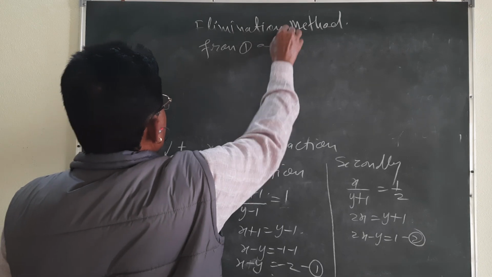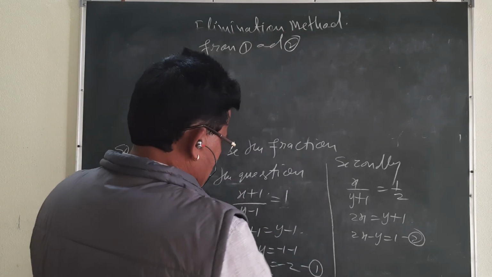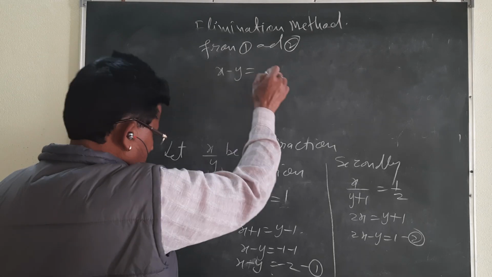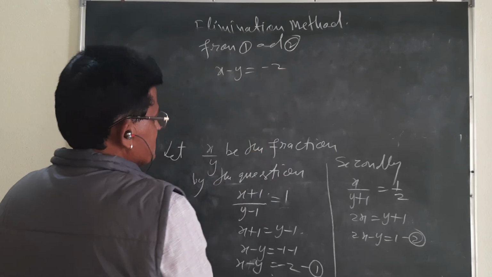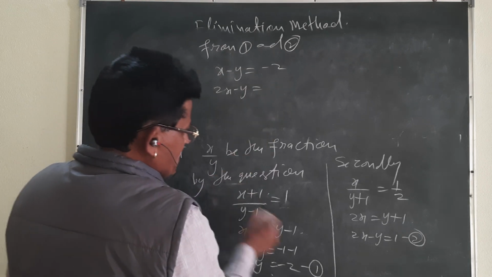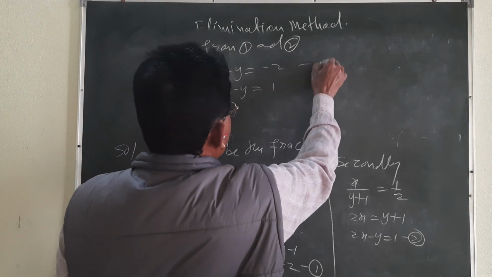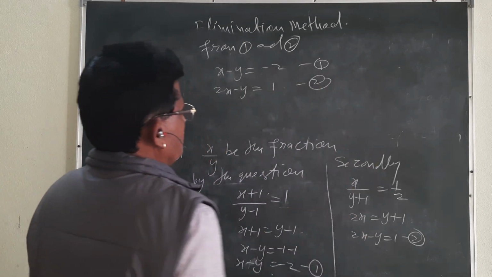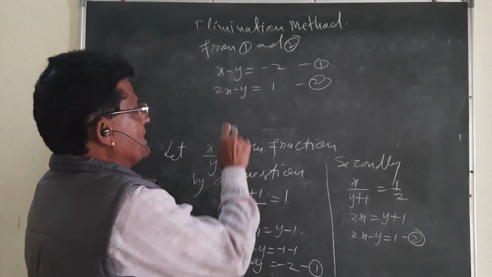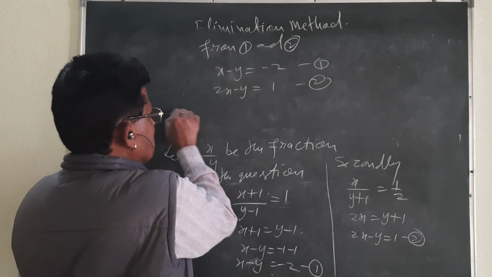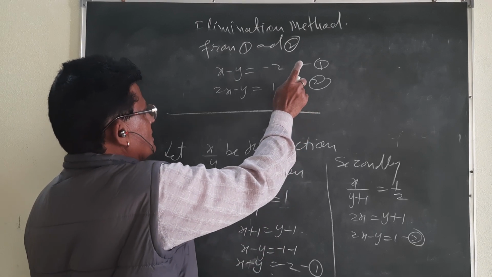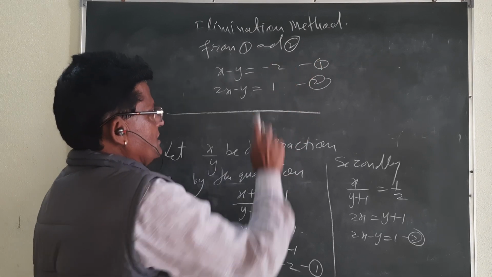First of all, 1: x minus y will be equal to minus 2. And 2: 2x minus y will be equal to 1. We have taken the original form. You see, the coefficients are the same, but both signs are negative. That is why you must subtract equation number 2 from 1.